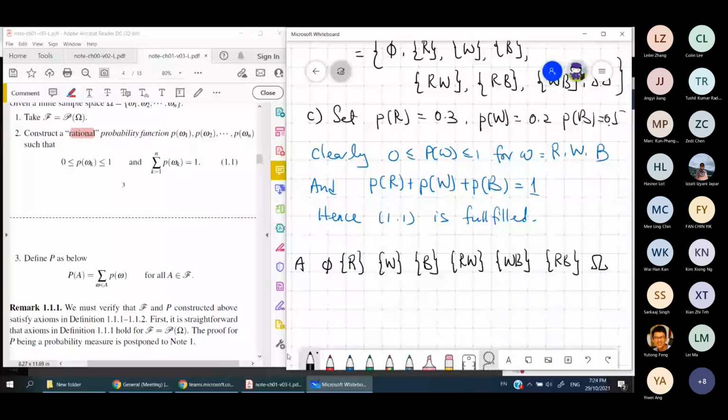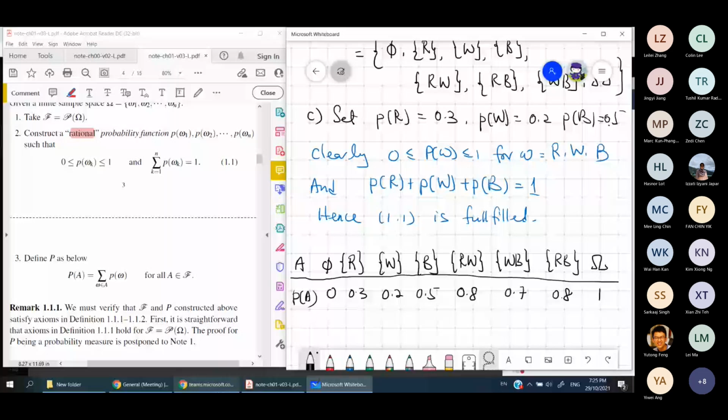We can easily construct this. The empty set is always 0. This is 0.3, this is 0.2, this is 0.5. For RW, we sum up these two, that will be 0.5. WB, we sum up, gives 0.7. RB gives 0.8. And the whole space sums to 1. So we can easily get the probability measure for it.